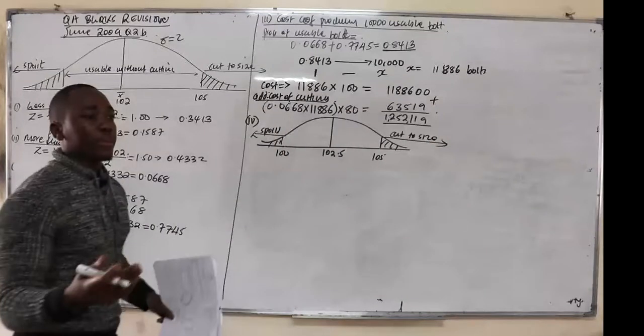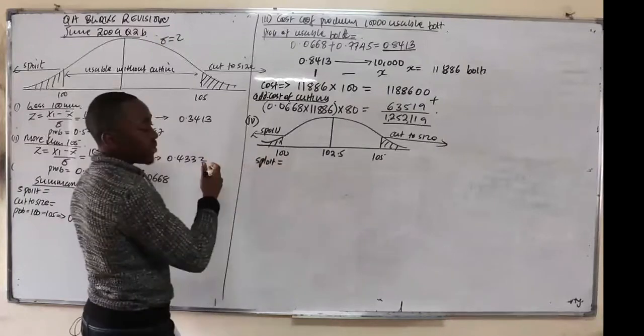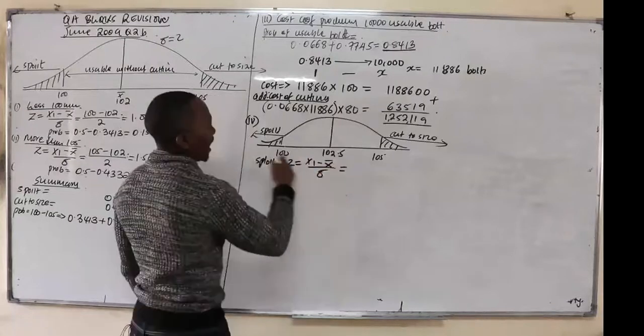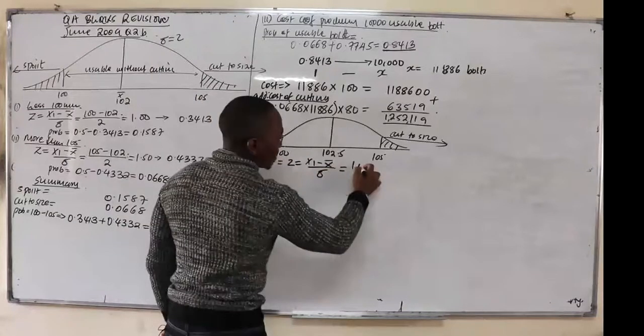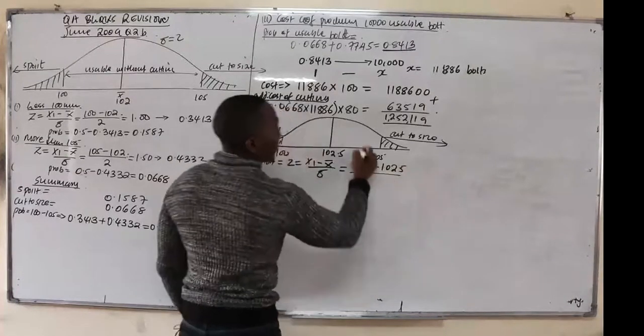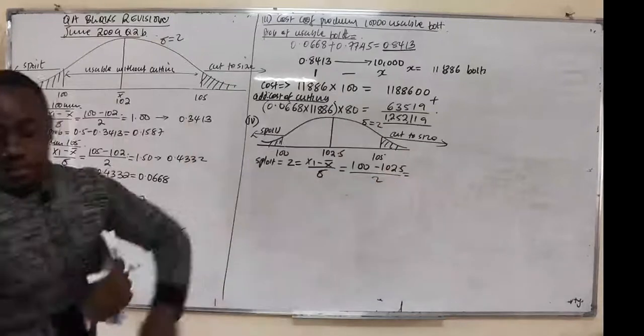So probability of those deemed to be spoiled, less than 100. So you take Z equals X1 minus X bar over standard deviation. X1 will be 100. X bar now changes to 102.5. Standard deviation does not change, which was 2. So let's get that.